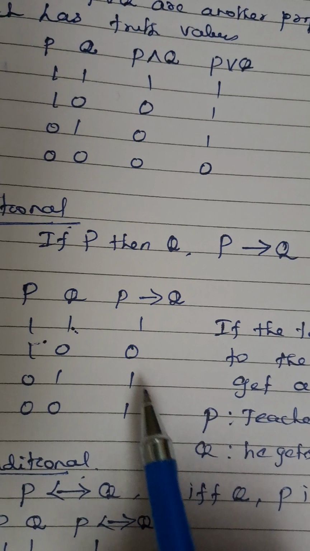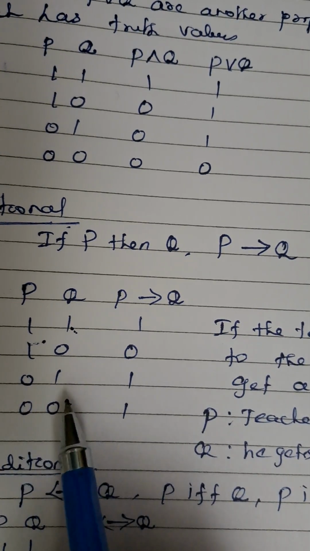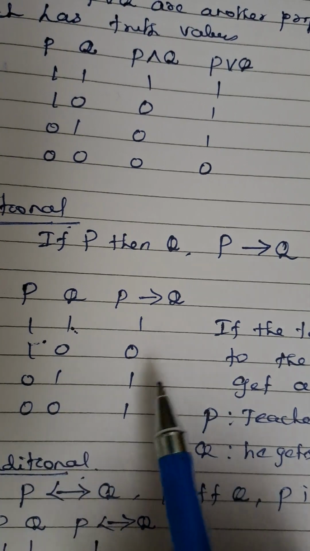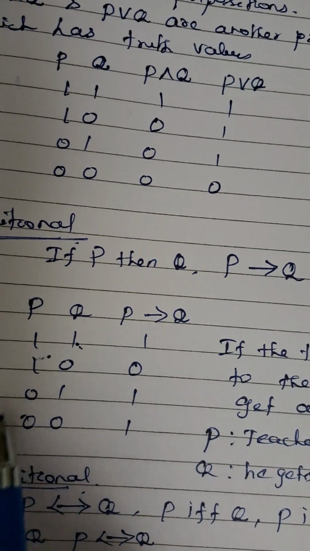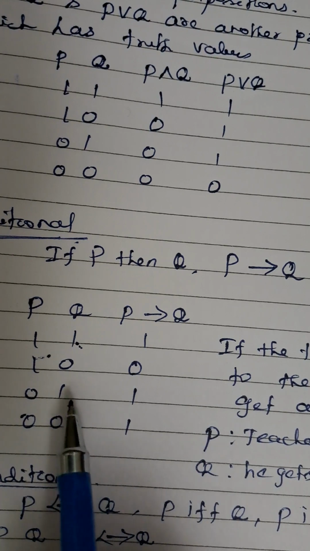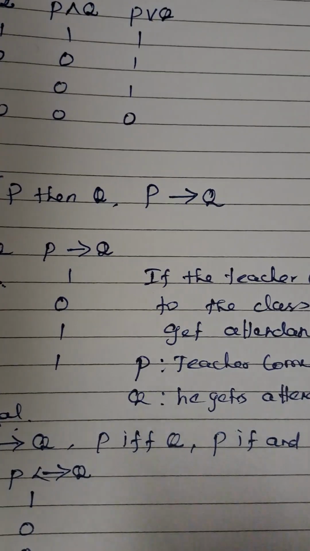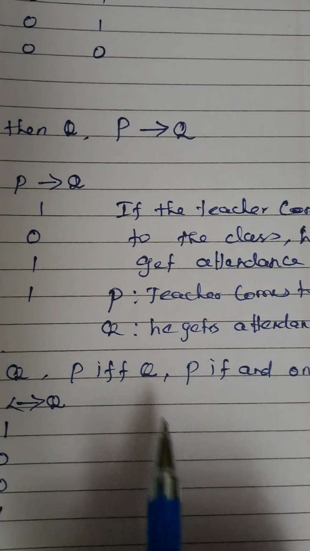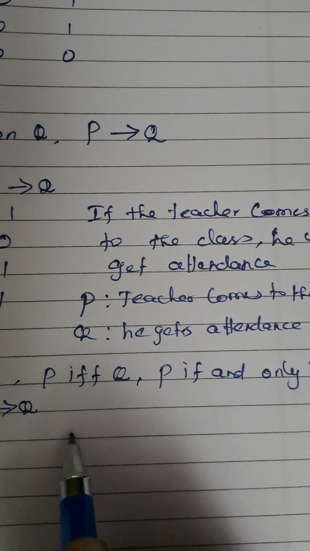He will get attendance, because the teacher cannot identify who comes and who did not come, and he will give attendance for all. That is the meaning. So this is the apt example for 0 1. If the first one does not happen, we need not bother about the second one.